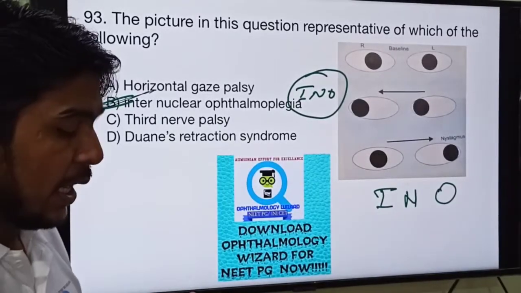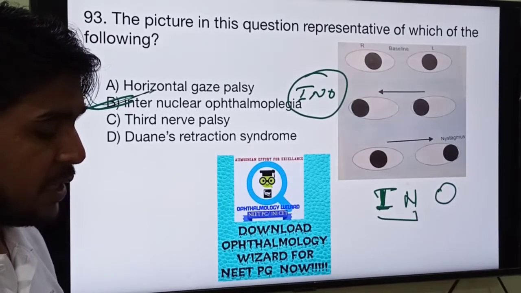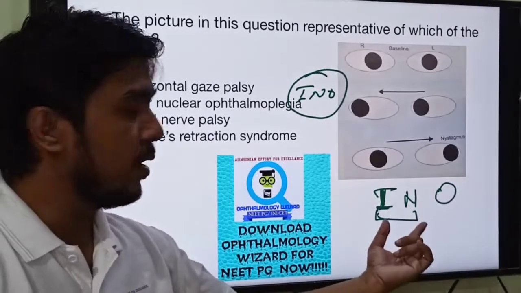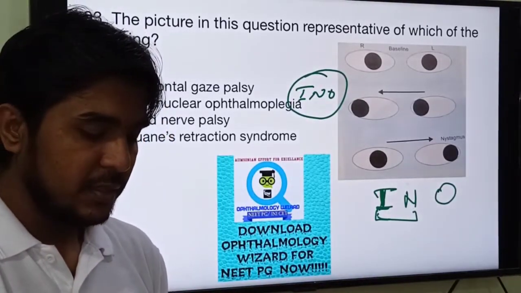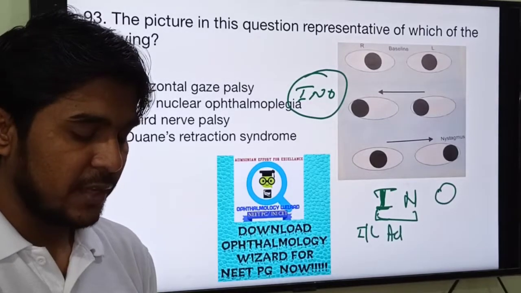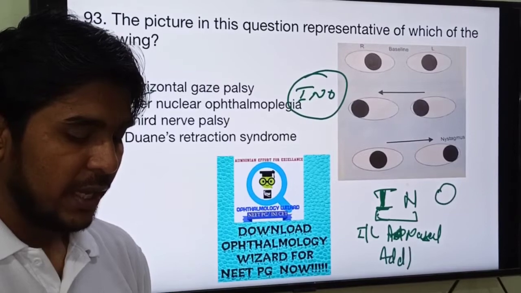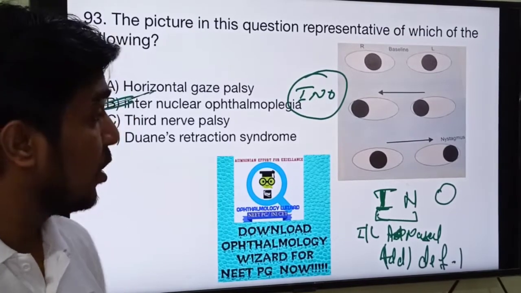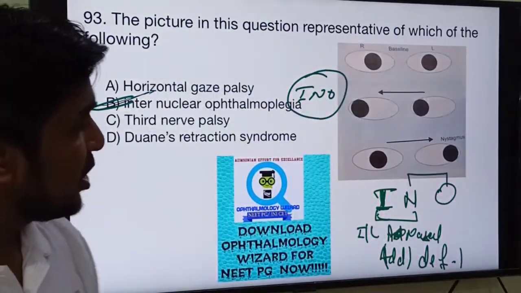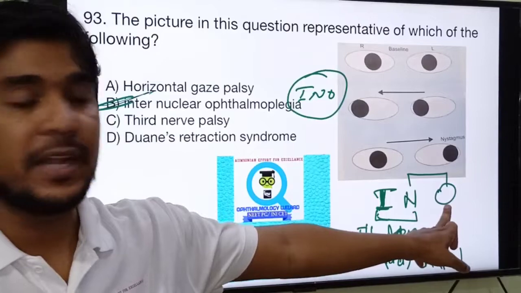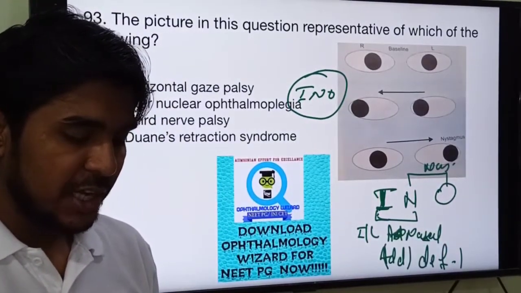INO means ipsilateral nasal, that is ipsilateral adduction deficiency, and nystagmus on the opposite side.